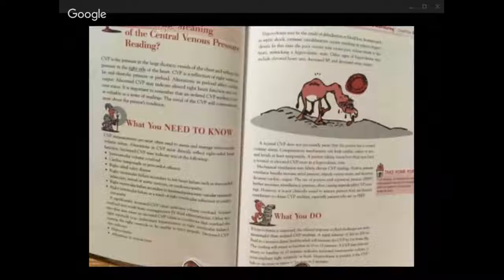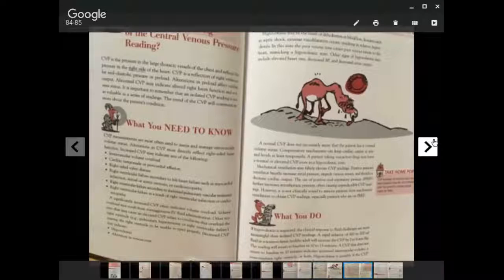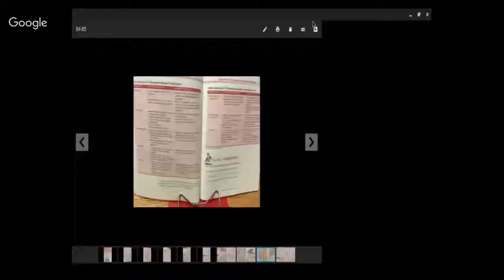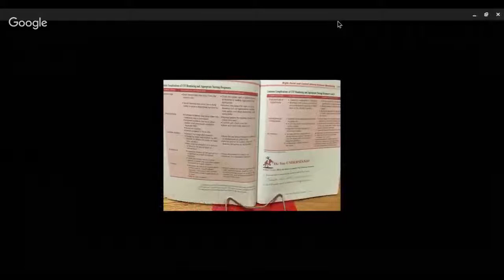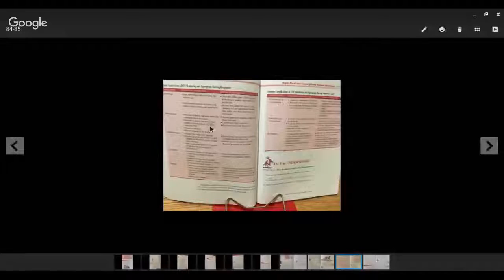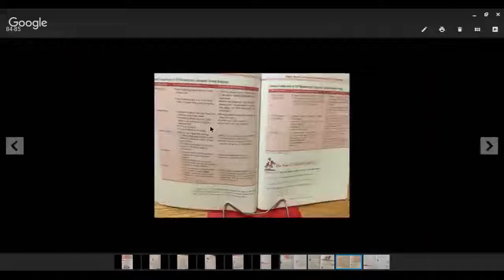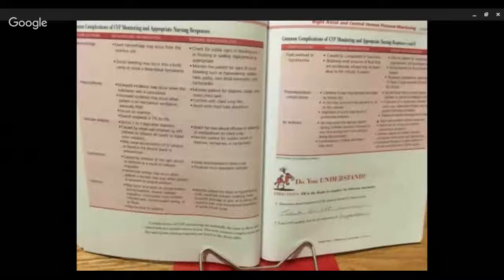Okay, so common complications of CVP monitoring and appropriate responses. If the complication of hemorrhaging is present, overt hemorrhage may occur from the insertion site.